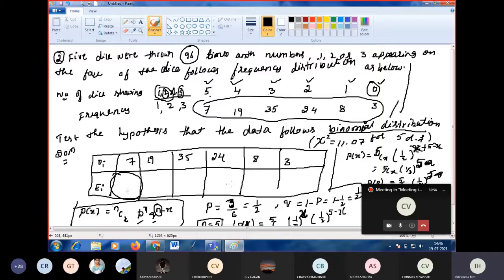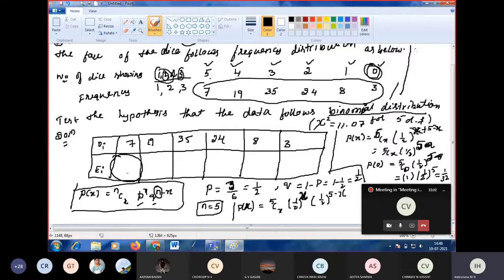I am taking x equal to 0, and we got 1 by 32. So the expected frequency when x equal to 0 is 96 times 1 by 32. 32 3s are 96. So we got the same, observed value and expected value are the same.